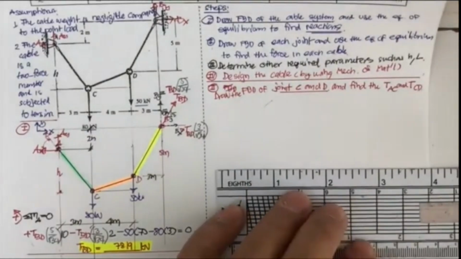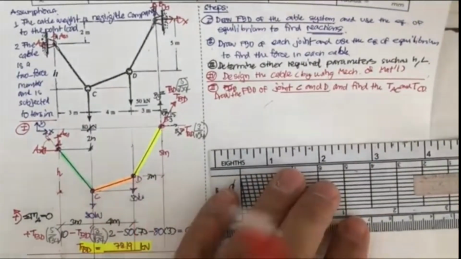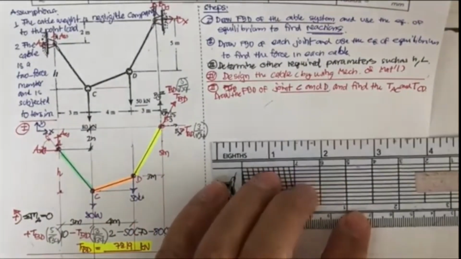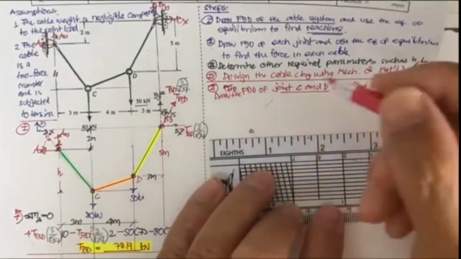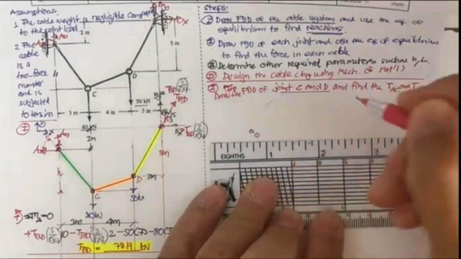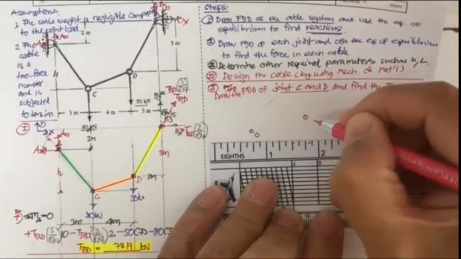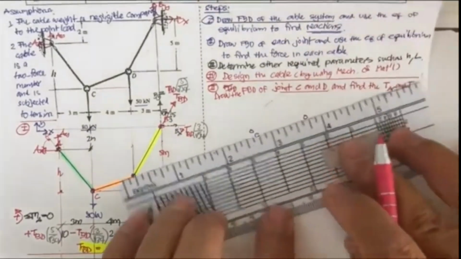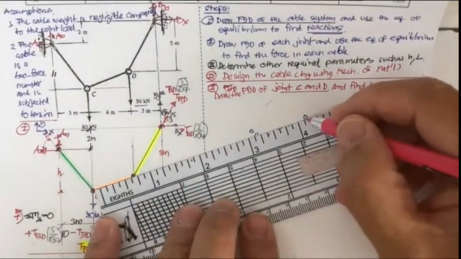C is here, D is here. Let us make the free body diagram. This is for the C, and this one is for the D.